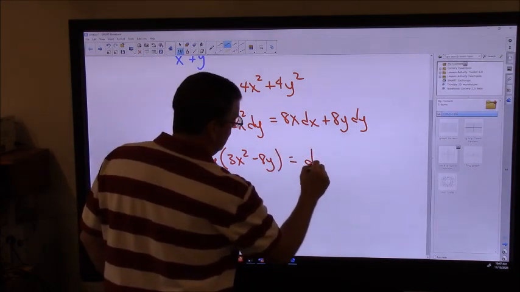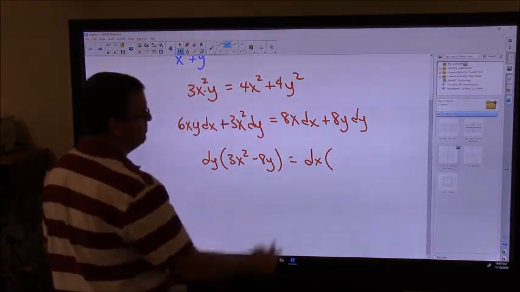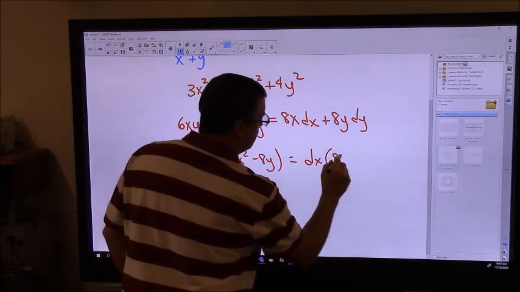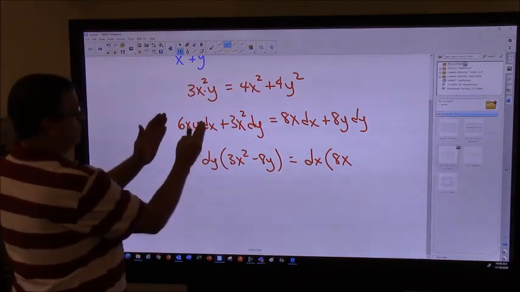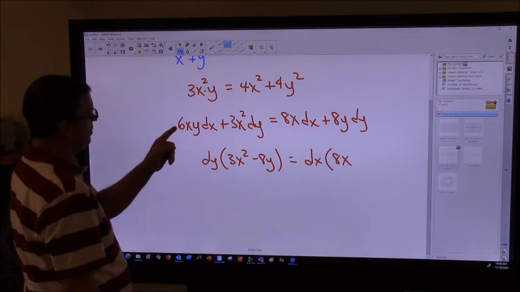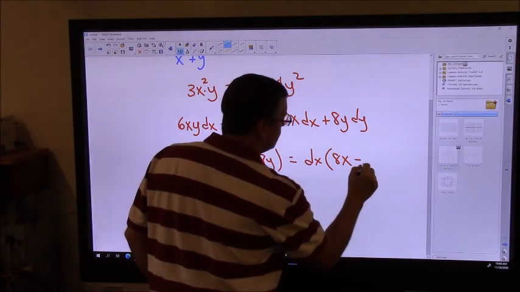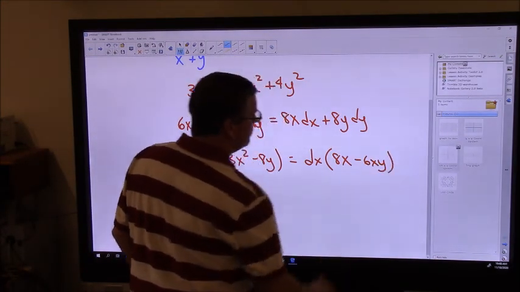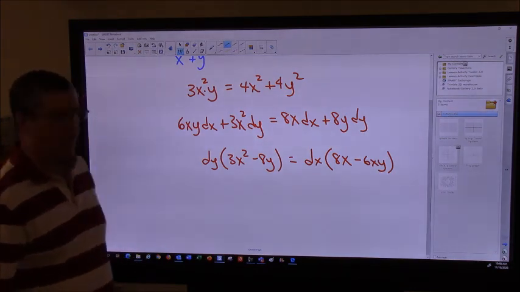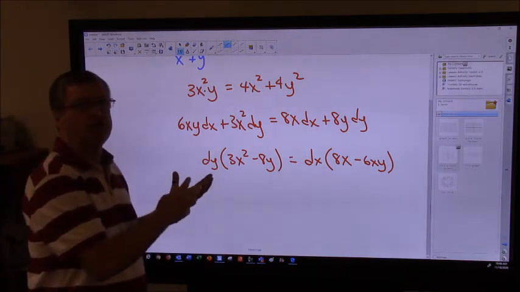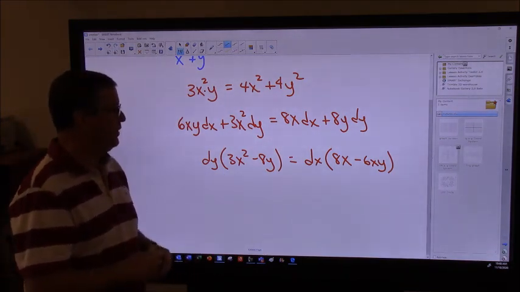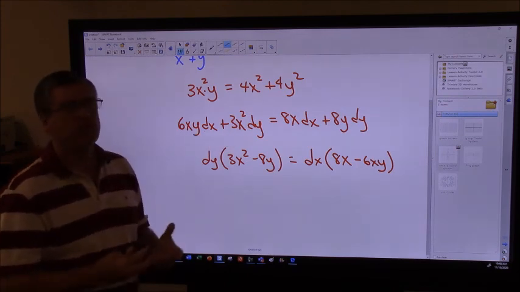And my dx stuff will be on this side. So this will be positive. And then I got to move this to the other side and it'll become the opposite. So a negative 6xy. Okay. Now if anyone feels like I'm doing too much in one shot here, then go ahead and add that extra step in between. There's nothing wrong with that.